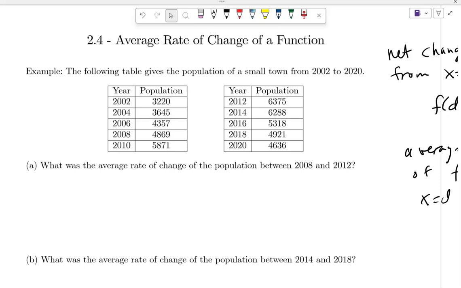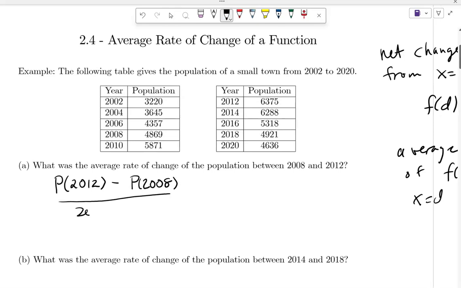Just writing what the formula would look like, the average rate of change would be the population in 2012 minus the population in 2008 over 2012 minus 2008. That would be the formula. Where you started, 2008, where you ended up, 2012. So that's how long it took. This is how far you went, how much the population changed.